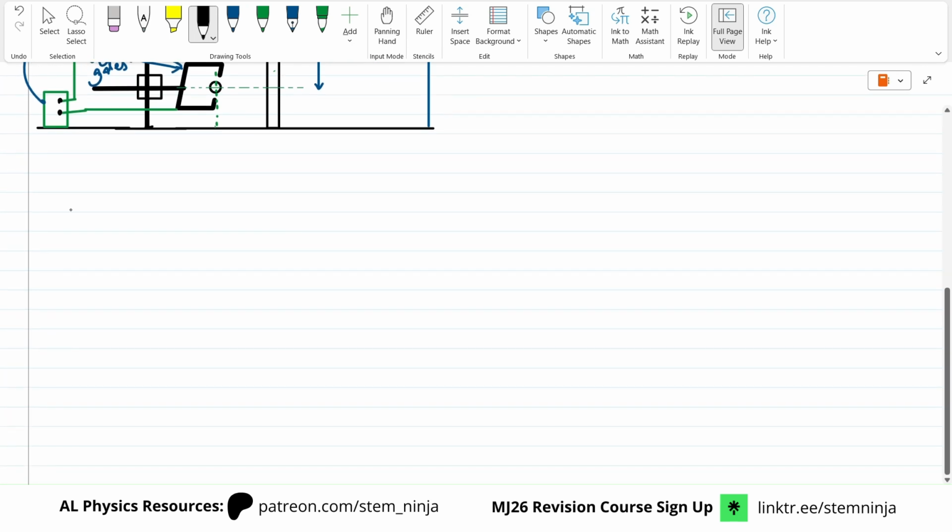So first things first, we need to know what the objective of this experiment is. We already know, but let's learn how to articulate our words.